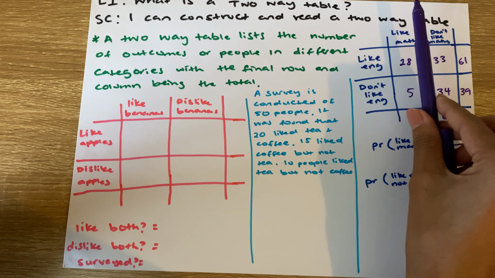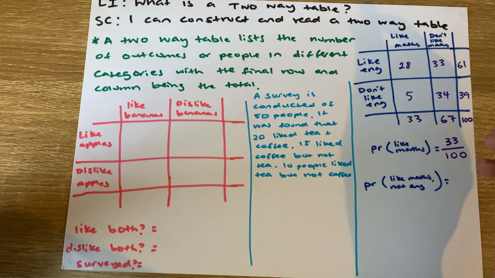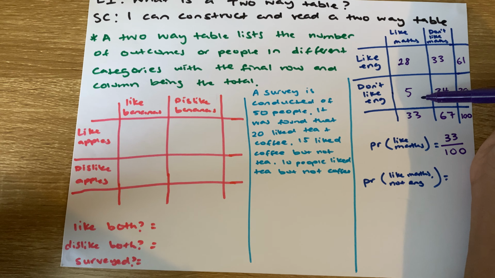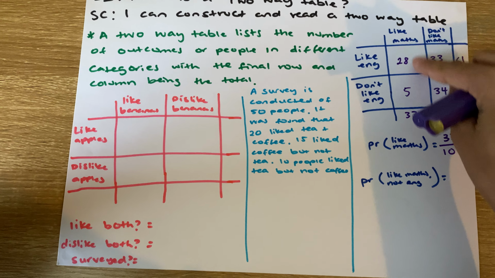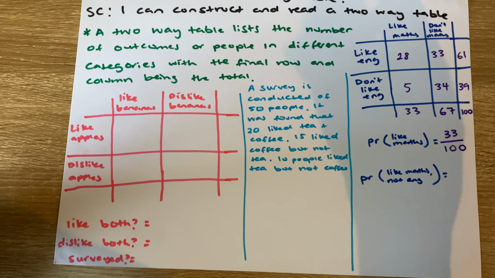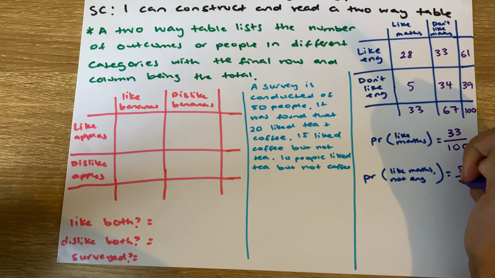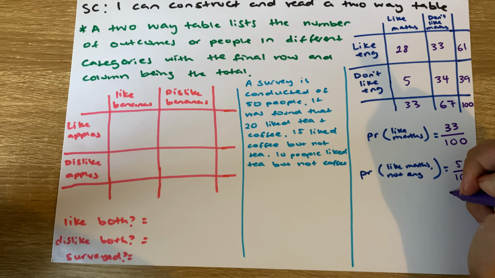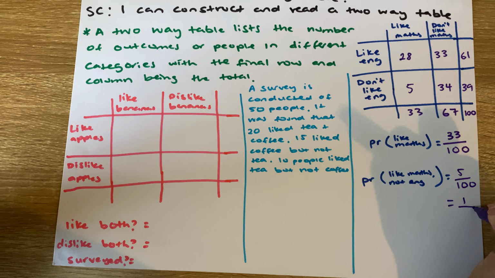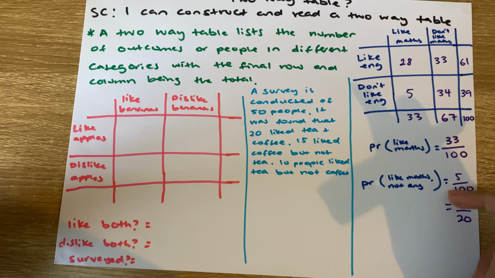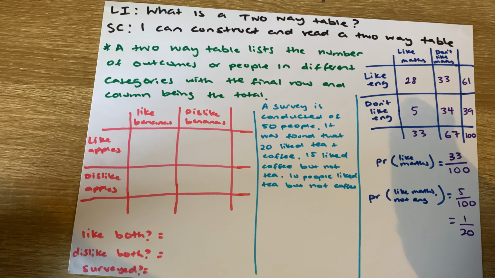So if we look at the like maths column, we need to look at like maths but don't like English, which is this one over here. Because they like maths and they don't like English, which is 5. That's 5 out of 100. And remember, we can simplify our fractions. 5 out of 100 is the same as 1 out of 20. You can write either of those things.